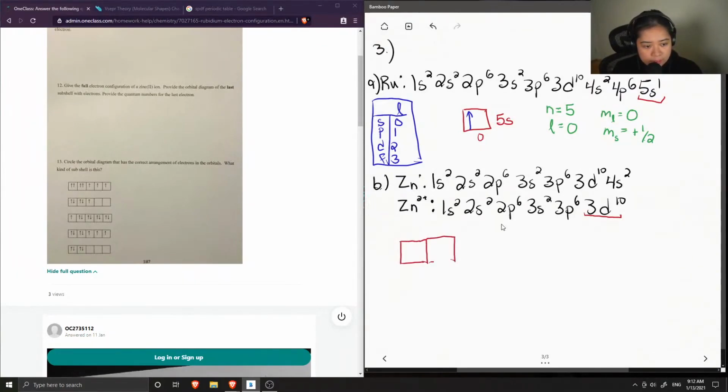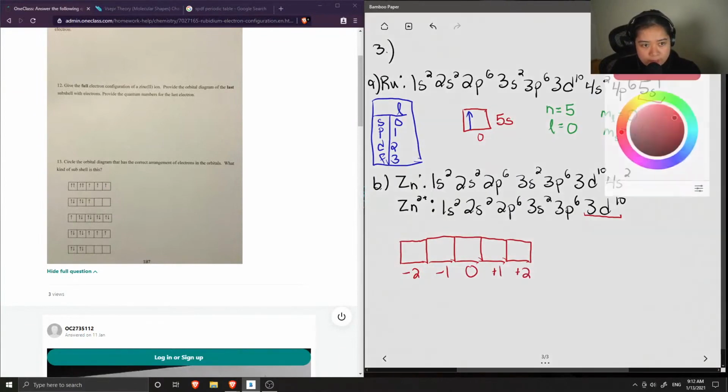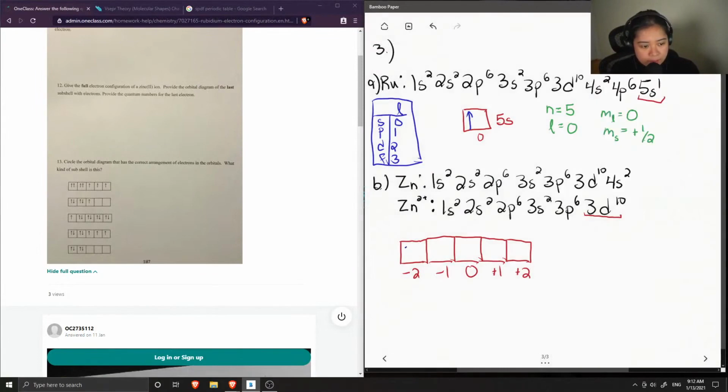The D subshell is able to hold 10 electrons, sorry, and these numbers range from -2 to +2. If we had 10 electrons, then the whole thing would be filled.